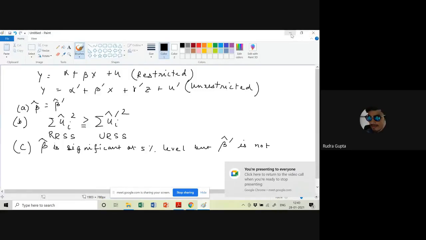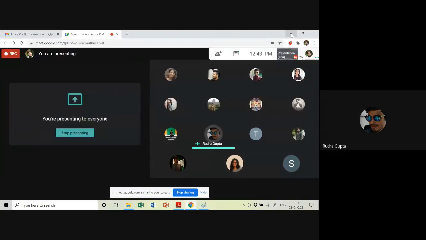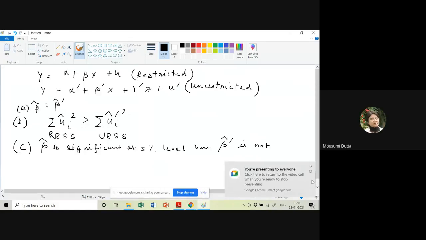Ma'am, here beta prime includes the fact that it is a partial correlation coefficient. So there can be a possibility that beta prime is insignificant. Not sure.